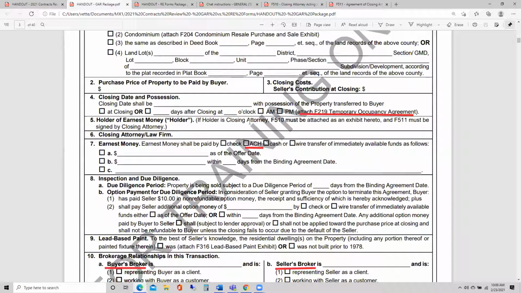In the RE form, there is nowhere for them to sign agreeing to fulfill any responsibilities as holder of the earnest money. Neither is it in the HUD contract, new construction, any of the other contracts. In essence, you are having your buyers give a closing attorney a check or whatever form, thousands and thousands of dollars, and they don't sign. There's nothing that they have to do with it. They're not required to deposit those funds.